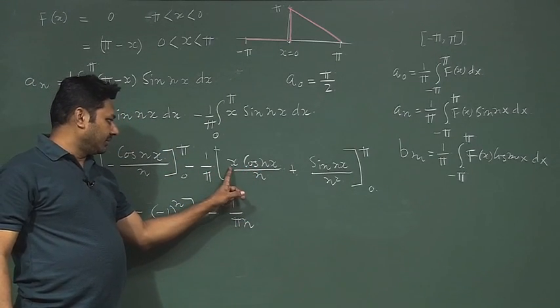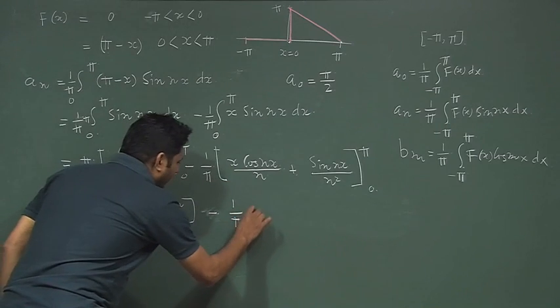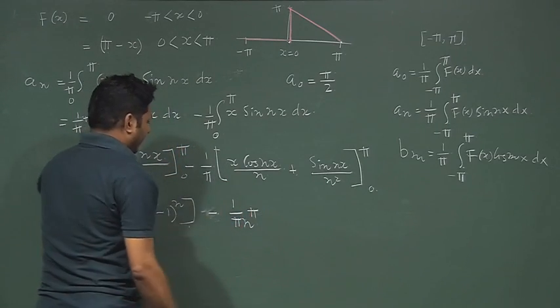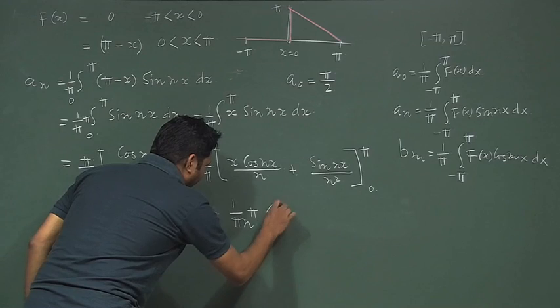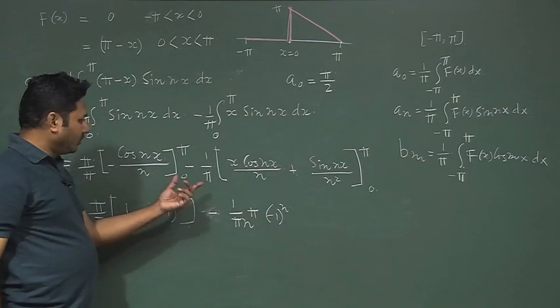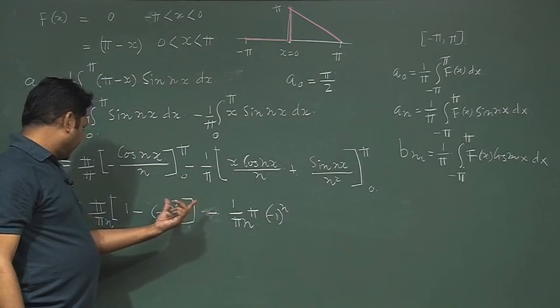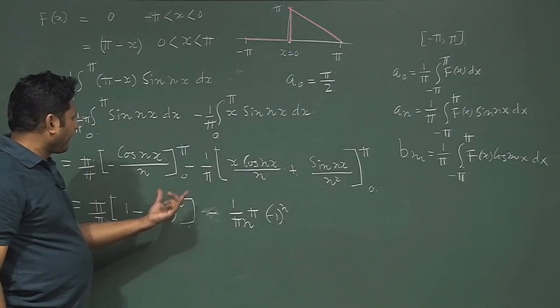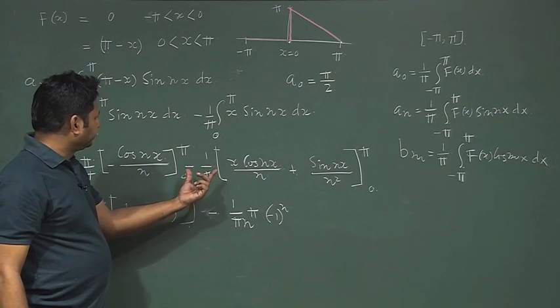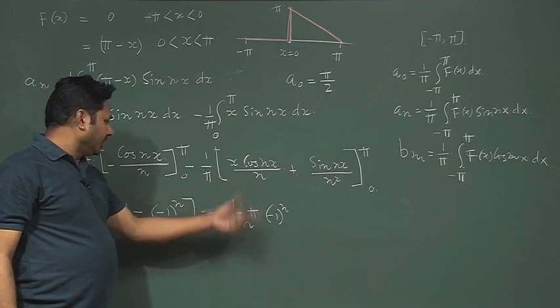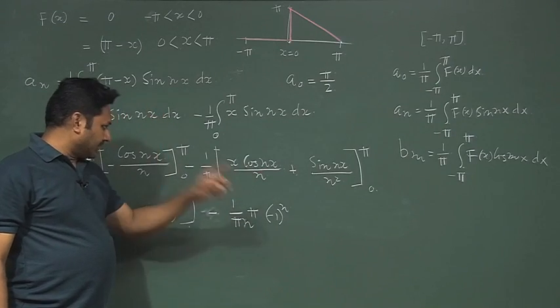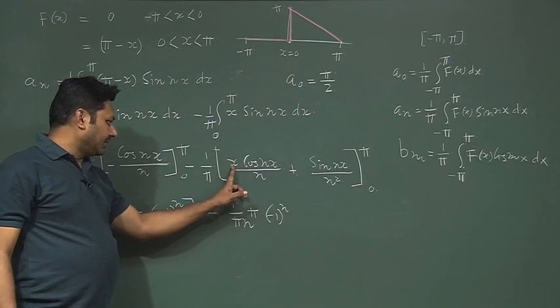So, x, the first limit will be there, pi, and then minus 1 whole to the power n, but there will be no second limit, because this x is sitting here.